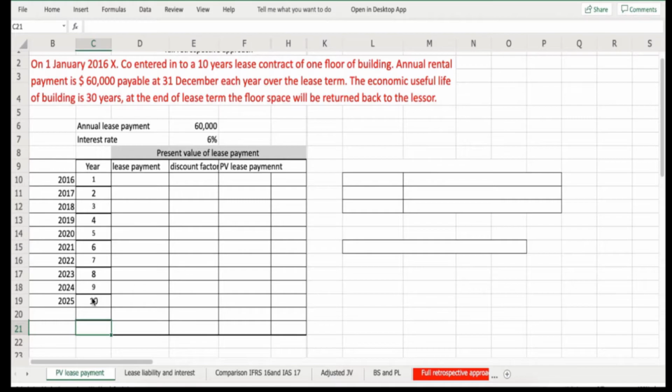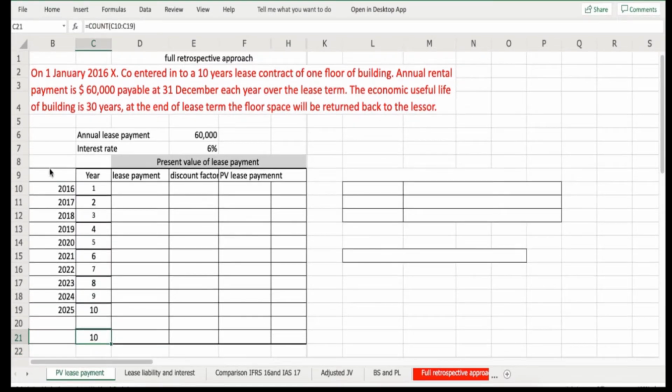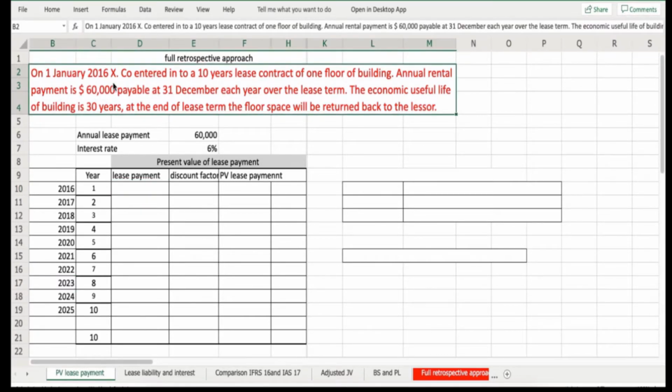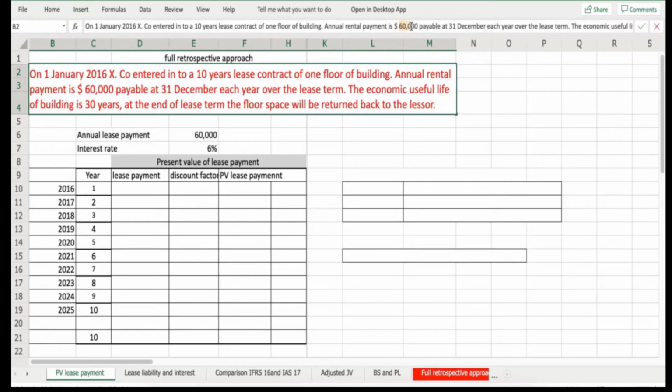The total years, using count, gives us 10 years. The lease payment is $60,000 per annum.